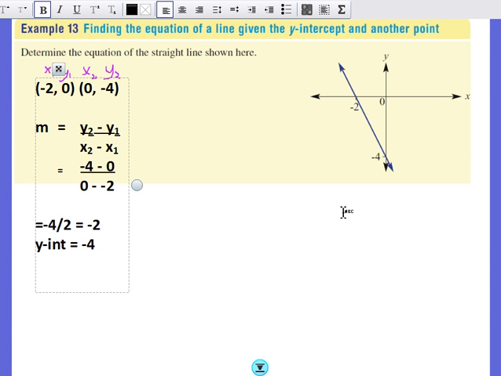So the equation of my line, nice and easy, is y equals m, my gradient, which I've worked out is -2, times my x variable, and then I add my y-intercept, which is -4. So there's the formula of this line here: y = -2x - 4.